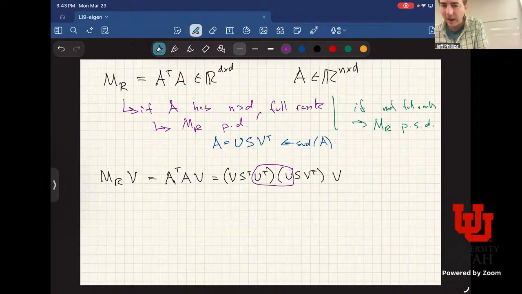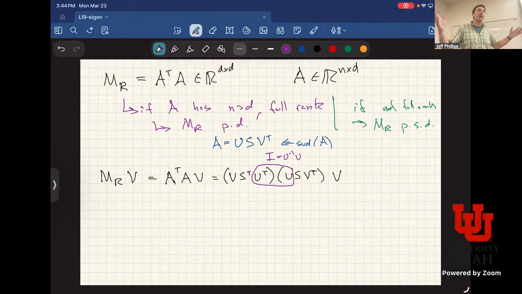This is the identity matrix, because this is equal to U inverse U, because when U is an orthogonal matrix, the transpose is the inverse. The inverse and the transpose are the same thing for orthogonal matrices. So that's U inverse U, and U inverse U is the identity.